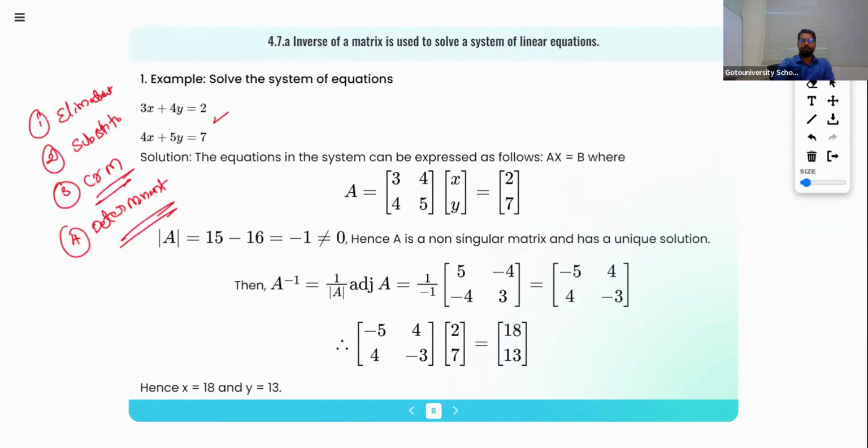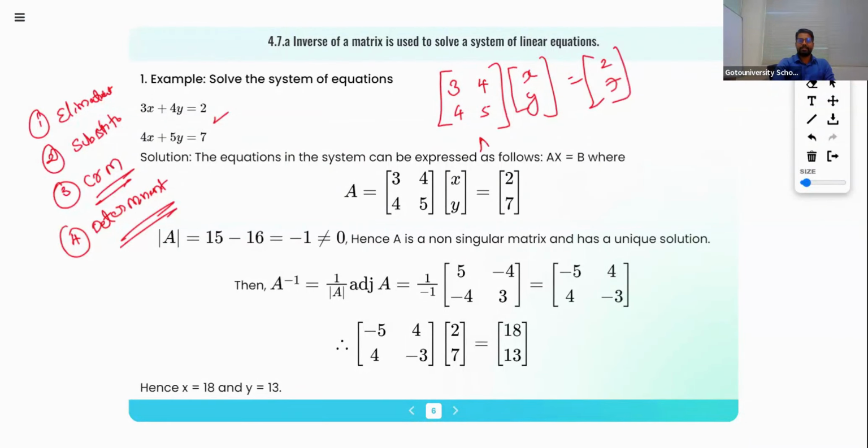In this method, what I'm going to do is first establish the matrix with the coefficients of the variables. Right? What is that? So we have the coefficients 3, 4, 4, 5, and there are 2 variables only, x, y, which is equal to 2, 7.